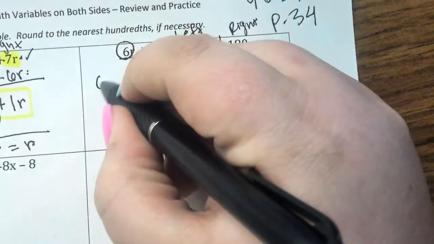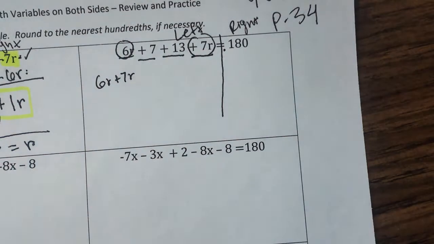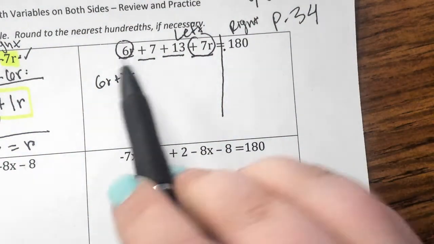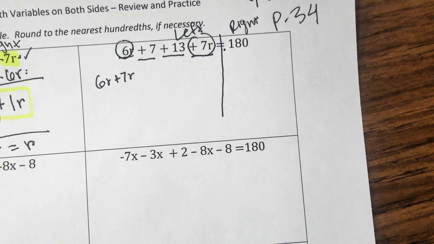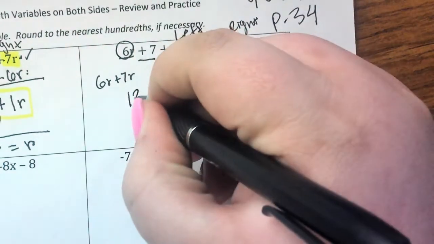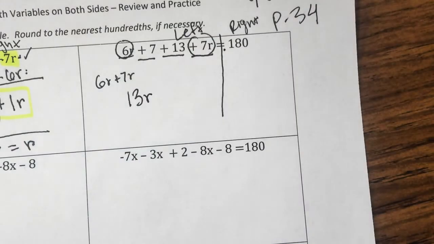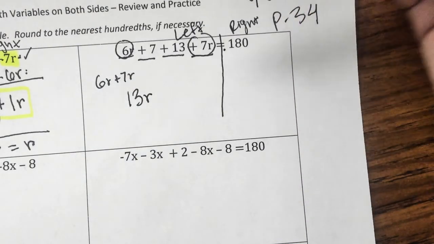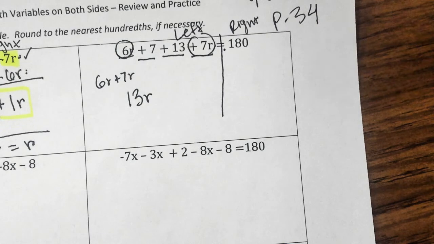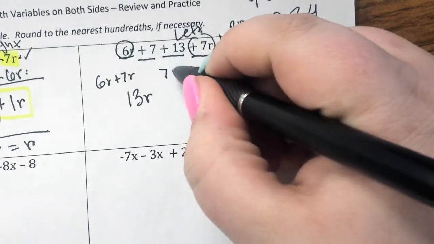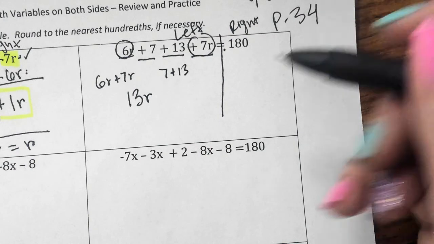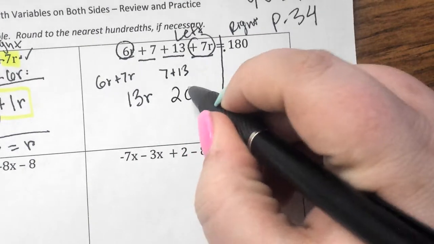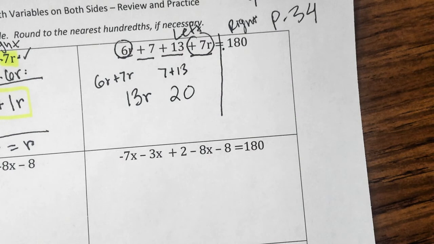When I have 6r and 7r, how many r's do I really talk about? 6r plus 7r is how many r? 13r. Adding in our head is great. The other terms are 7 and 13. Can I combine 7 and 13? Yes. What is 7 plus 13? 20. Was that a positive 20 or a negative 20? It was a positive 20.